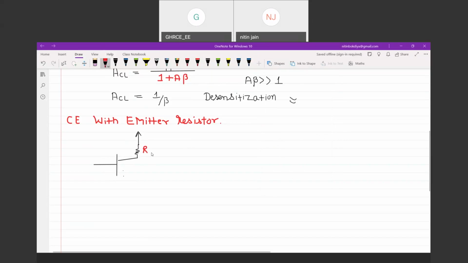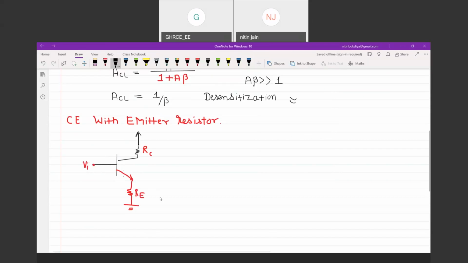This is RC and this is one feedback resistance, RE. This is my Vi. So let's draw the small signal model and let's see the gain.